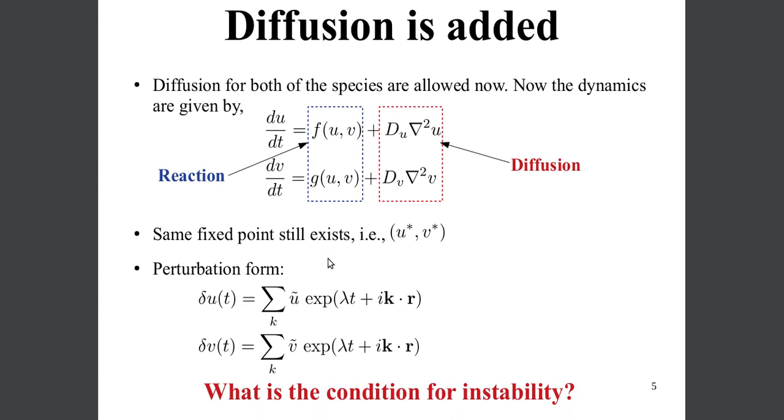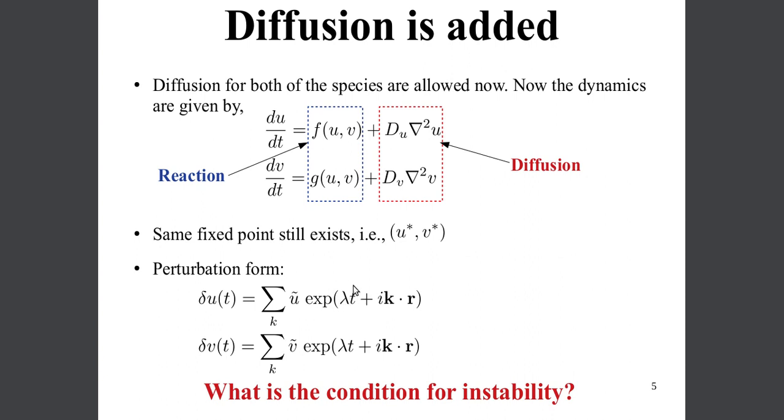So we want to discuss the instability of this uniform spatial solution. Our perturbation form is delta u(t) and delta v(t), which is u tilde multiplied by exponential of lambda t plus i k dot r. You can see that this is the growth term, whether with time it will grow or not.